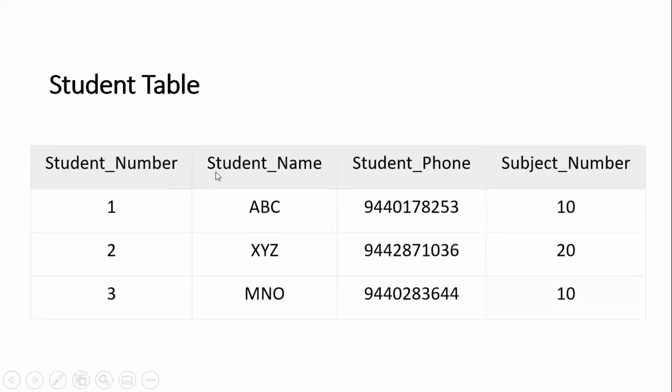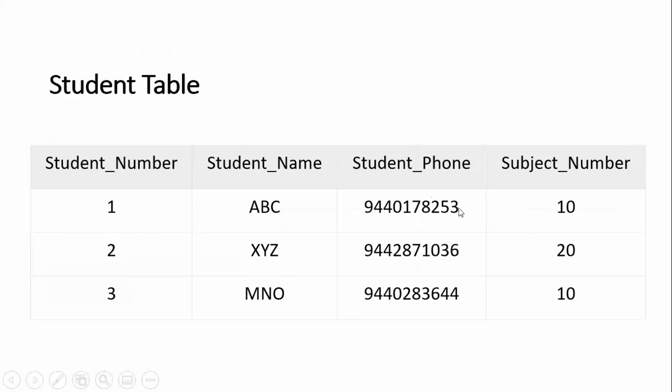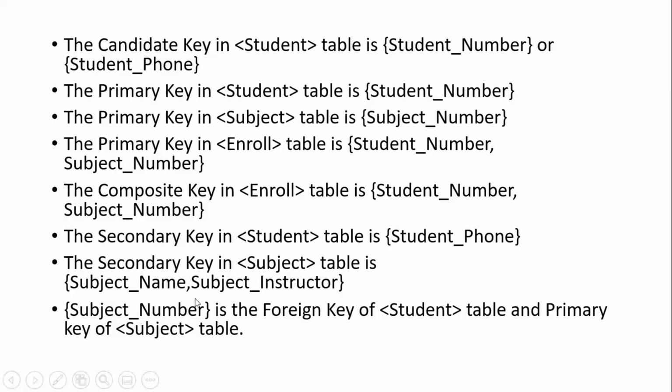But it is not the primary key in the student table; it is just a reference to another table there. So in the student table it is called a foreign key and in the subject table it is called the primary key. Okay, so this is about your keys.